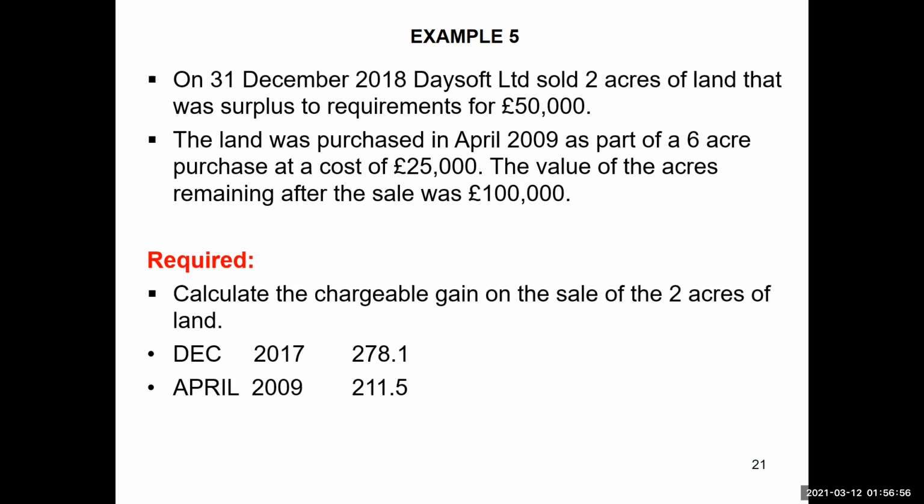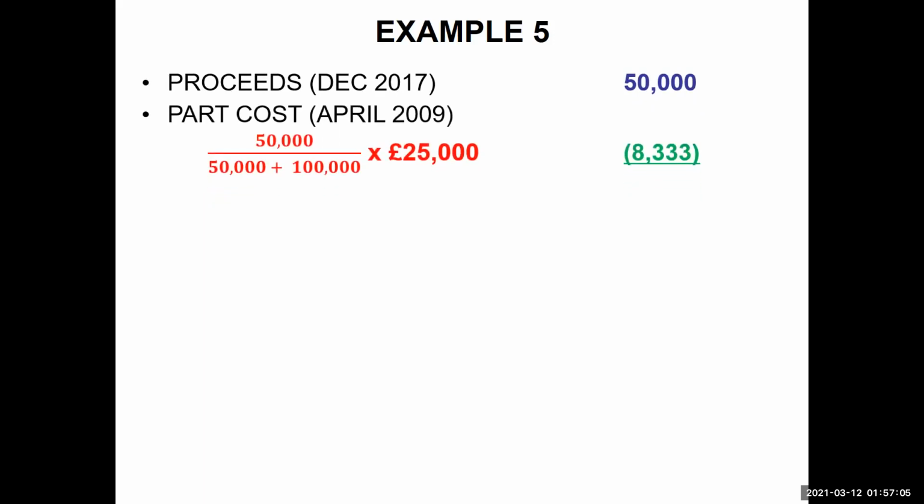The RPI is given for disposal and acquisition dates. Now, as usual, we sold it for 50,000. The part cost which must be allowed is the disposal value divided by disposal plus remaining parts, times the original cost. So the part cost will now become 8,333.